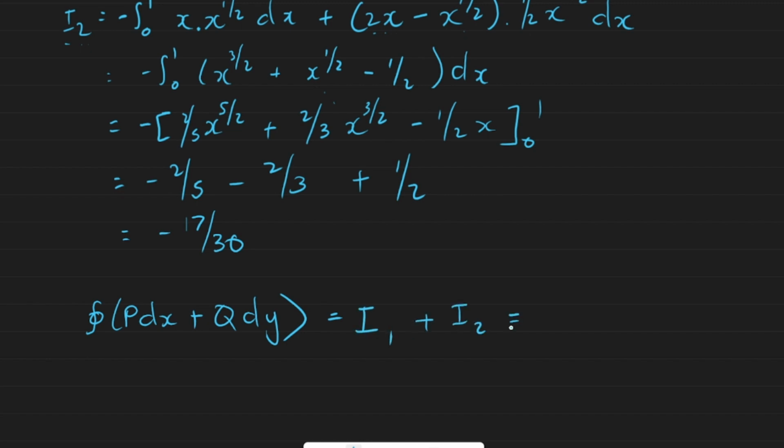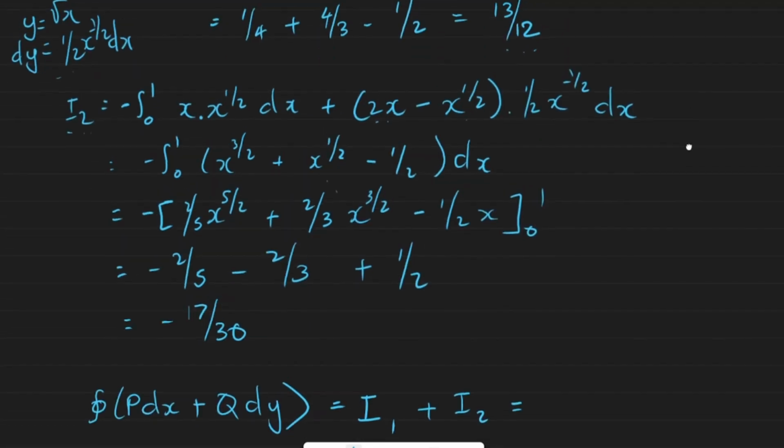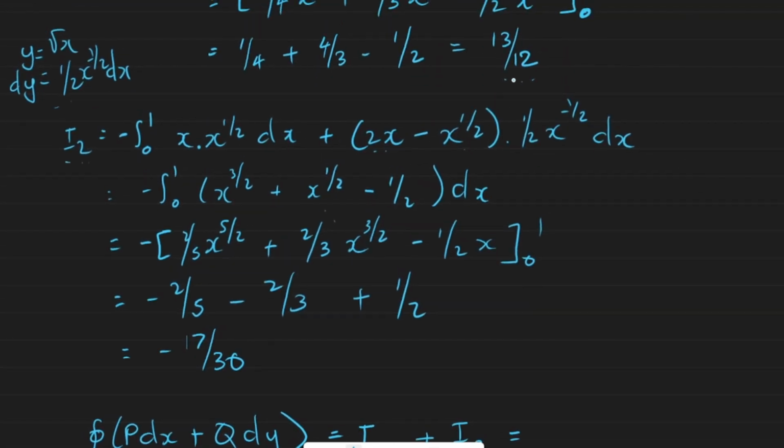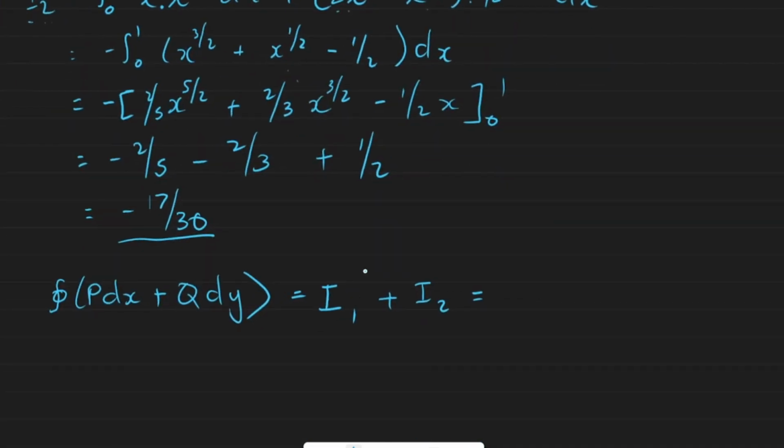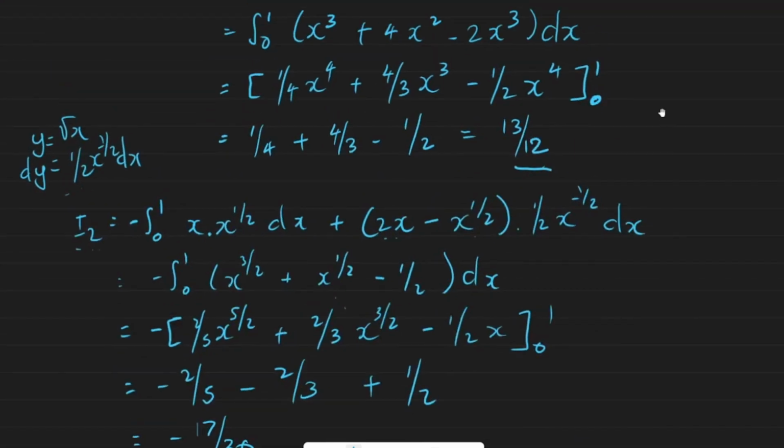So that's equal to I1, which we saw was 13 over 12, and I2 was minus 17 over 30. So we have 13 over 12 minus 17 over 30, and that gives us 31 over 60 when we compute this fraction. So that's the right-hand side of Green's theorem.